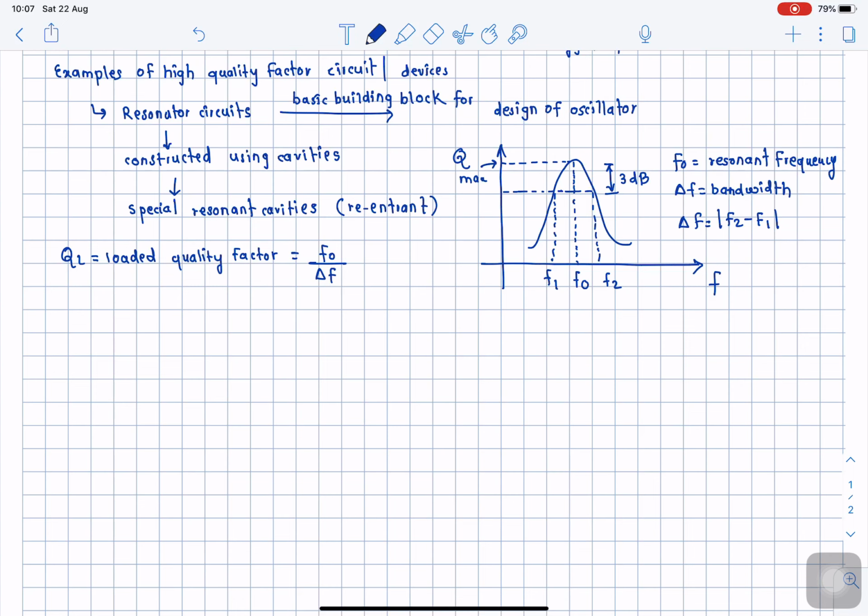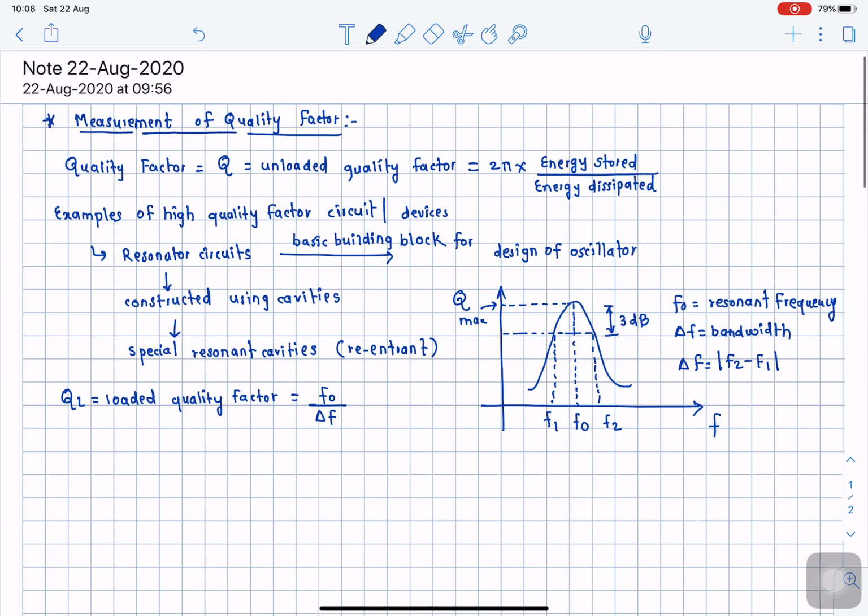So here we will now see the procedure to measure the quality factor of a given resonator circuit. In order to measure it, we need to arrange the laboratory setup.